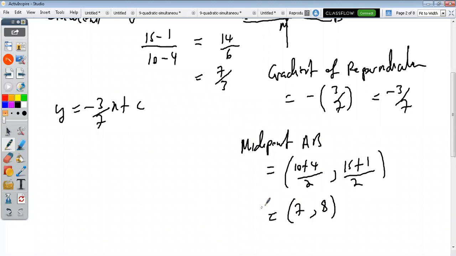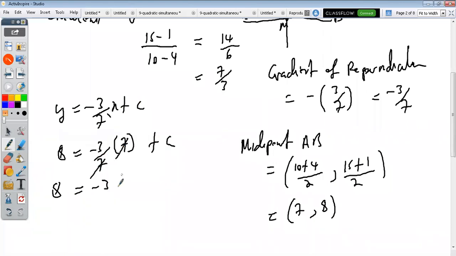So we now know this point. Then we substitute so that we find c. We're saying when y is 8, x is 7. So 8 is equal to minus 3 over 7 multiplied by 7 plus c. You can use your calculator or your head because you know 7 cancels.